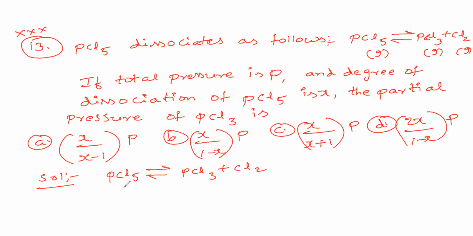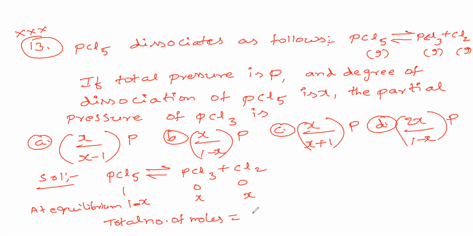Initially PCl5 is 1, and the others are 0 and 0. At equilibrium, PCl5 dissociates to leave 1 minus X, because the degree of dissociation of PCl5 is X, so it is 1 minus X, X and X. Then we have to find the total number of moles, because we need to find mole fractions.